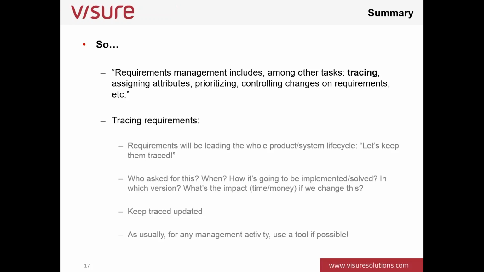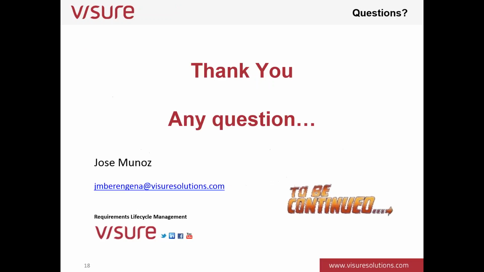It can be more or less done if it's not a huge project, but the time you are going to expend in order to keep that trace updated is going to be huge in comparison with having a tool that is going to take care of that. So this was today's webinar regarding requirements traceability.